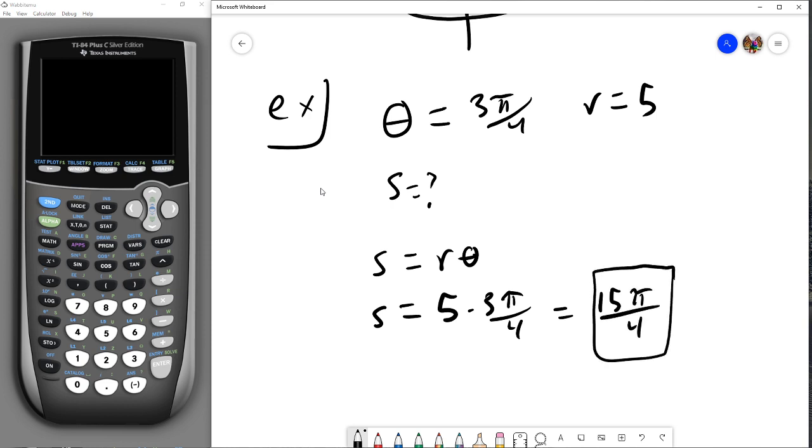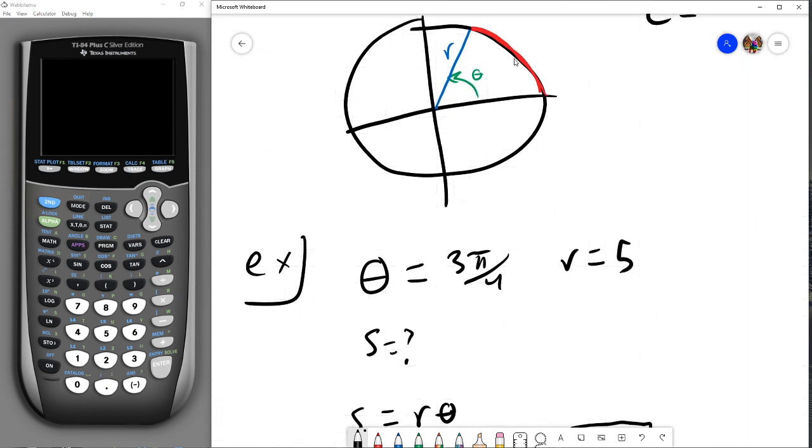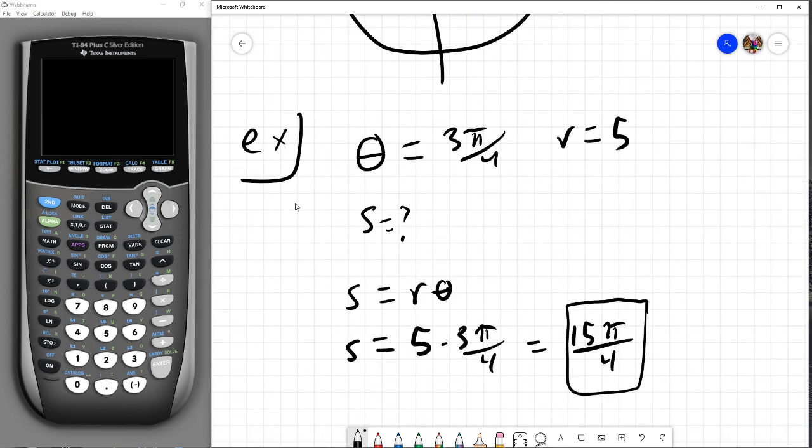It's as straightforward as that. It's a relatively simple calculation, but it's a very useful one for determining these distances. How far along the circle have we traveled?